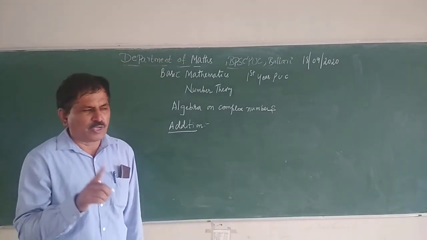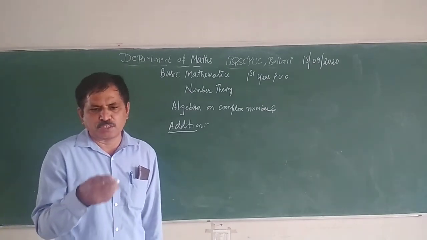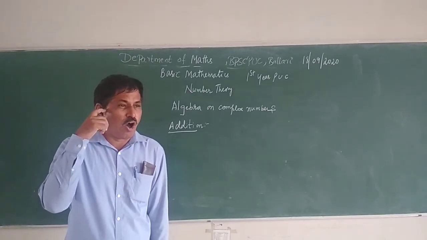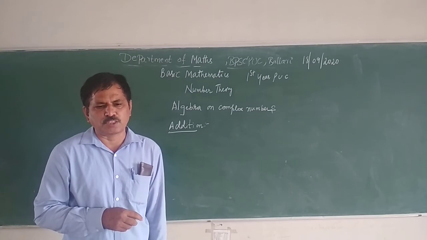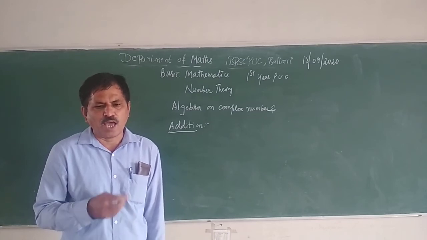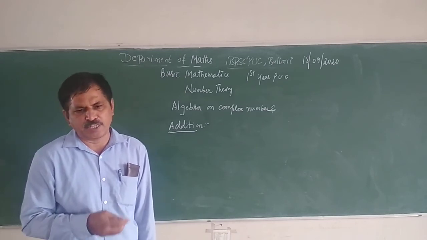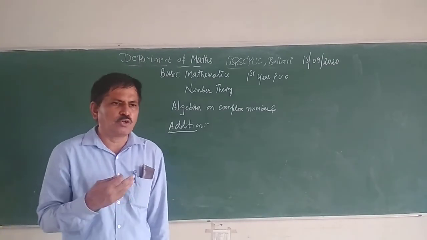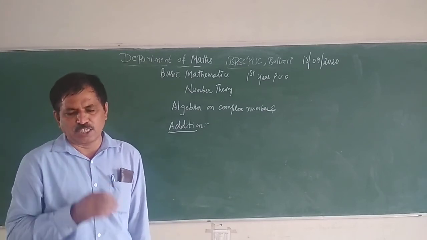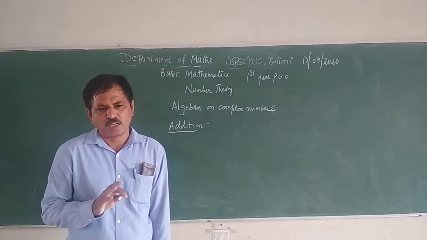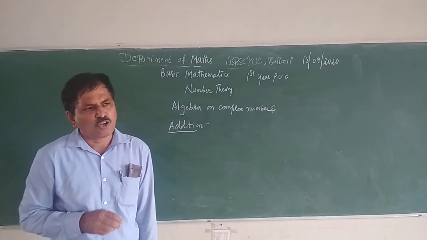If you want, you can write that when 2 or more than 2 complex numbers are added or subtracted, we get a complex number itself.